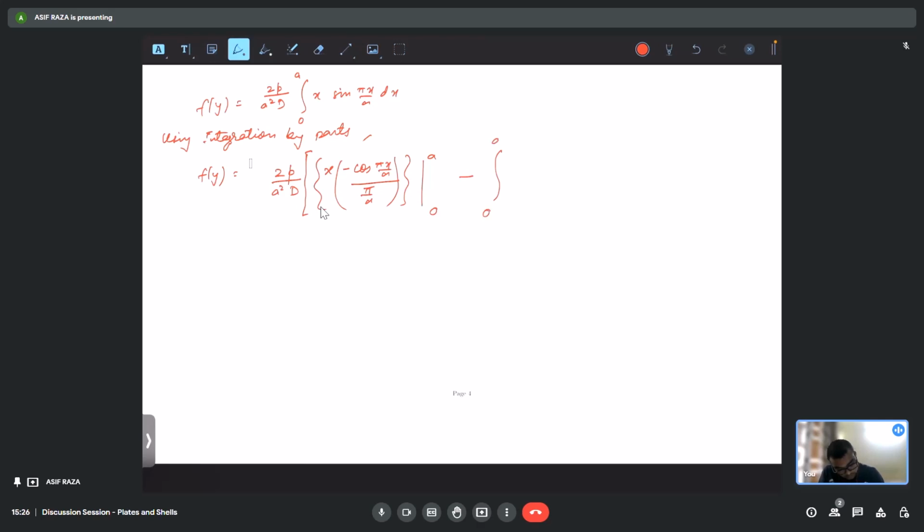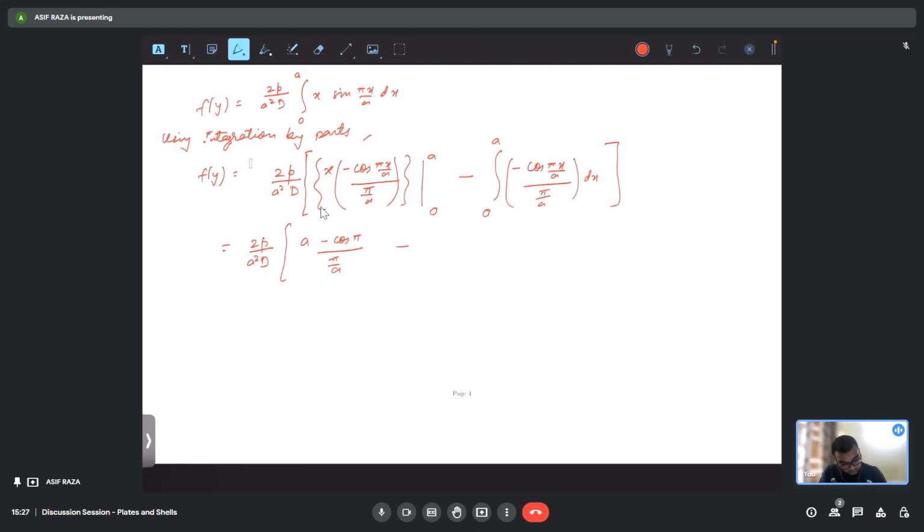Then integration 0 to a: differentiation of the first part, then integration of the second part, cos(pi x upon a) divided by pi by a, dx. So this again would be a cos pi, this will give me minus cos pi upon pi by a, minus 0, that will cancel out.